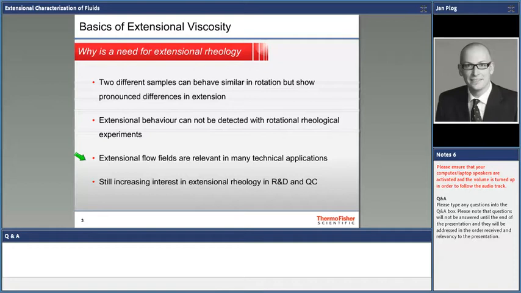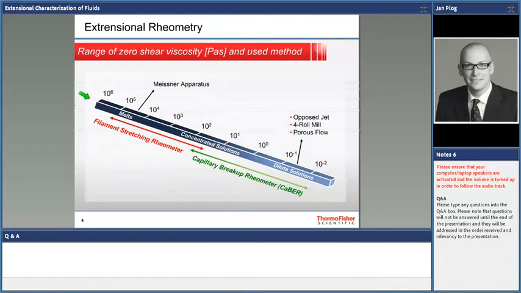As I said already, many relevant industrial processes and flow fields incorporate extensional deformations, and I'm going to talk about that in detail a little bit later on. So we still see a very steeply increasing interest in extensional rheology and extensional properties in R&D as well as in QC. This is why we do this webinar, of course.